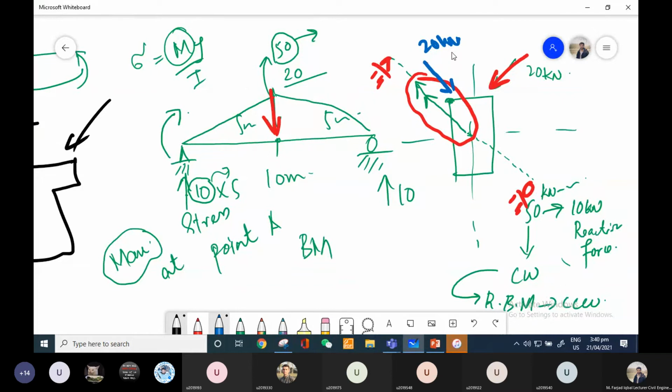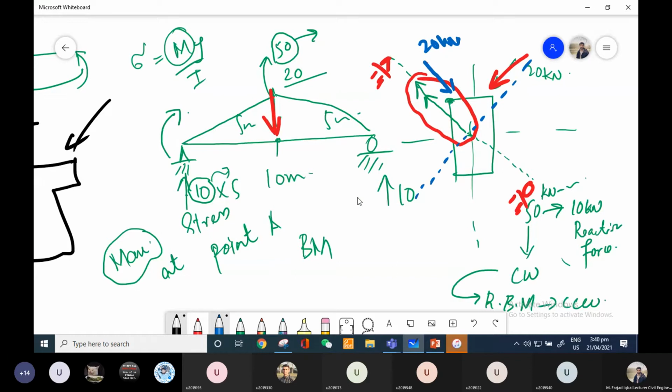And I would say that in the cross section, the load is acting with this, which I have shown with this blue arrow. Now, in this case, what would be my moment axis? Can I say that my moment axis is perpendicular to this one, right?